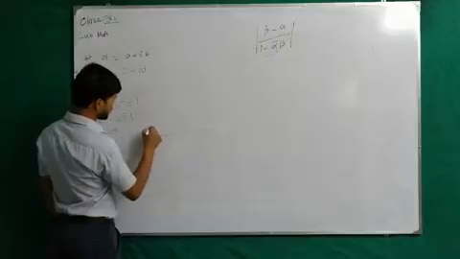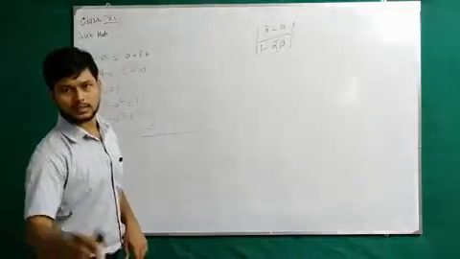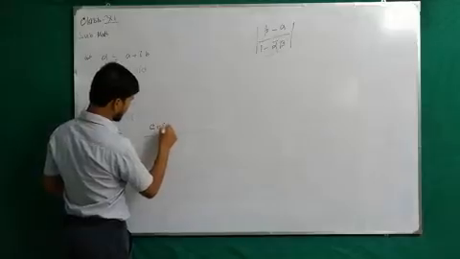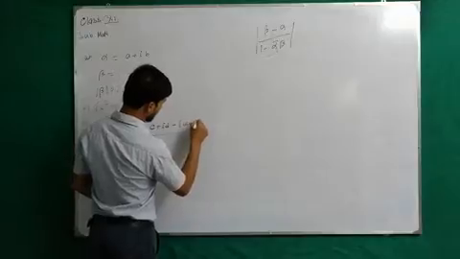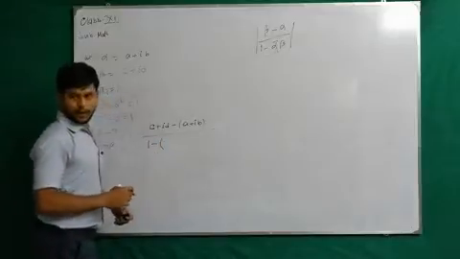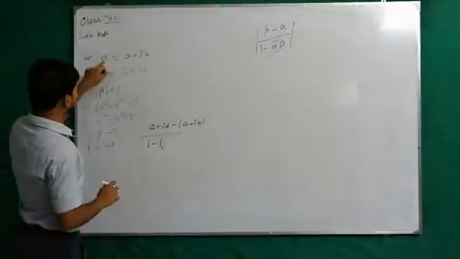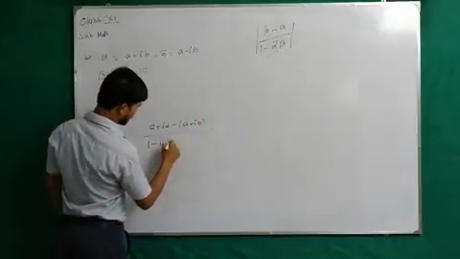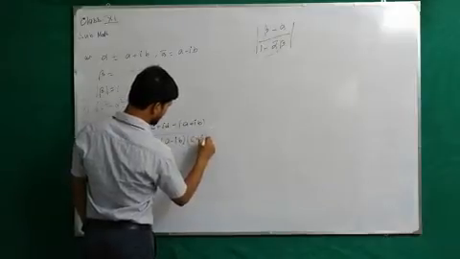So beta equals c plus id, minus the value of alpha equal to a plus ib, divided by 1 minus the value of alpha bar. Look, alpha equals this, so alpha bar will be a minus ib. So a minus ib into beta, meaning c plus id.